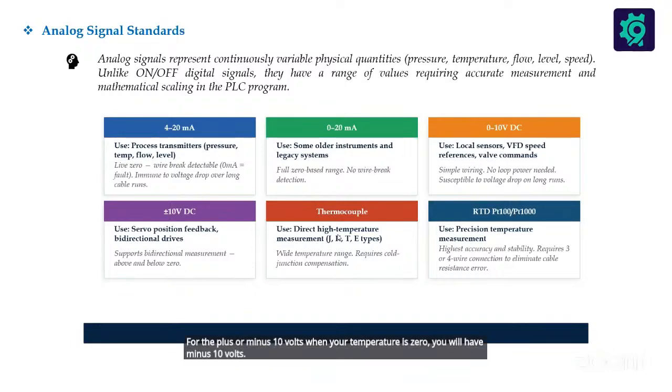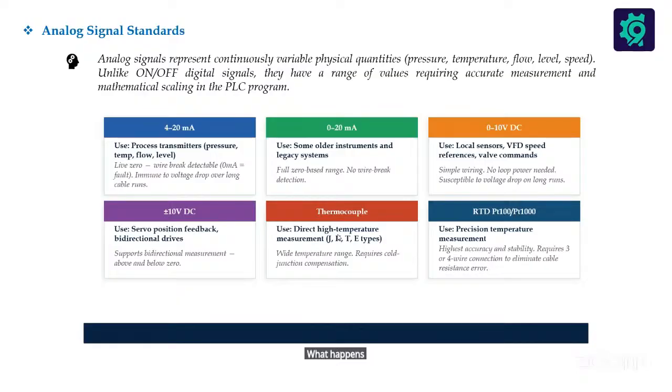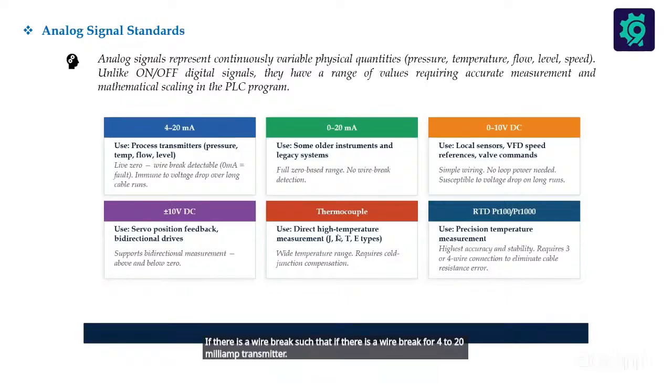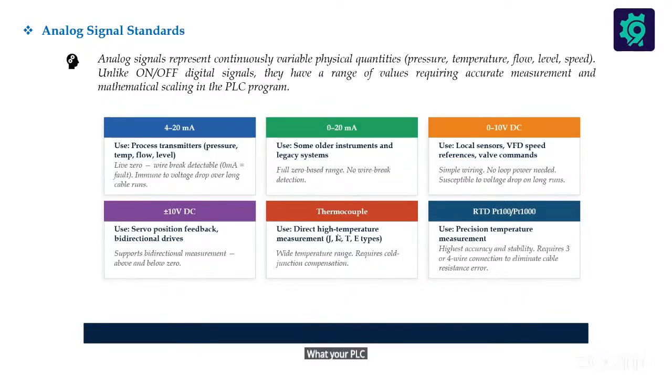Now what happens if your sensor is disconnected, or there is a wire break along the line? If there is a wire break for a 4 to 20 milliamp transmitter, for example, what gets to your PLC is 0 milliamp.